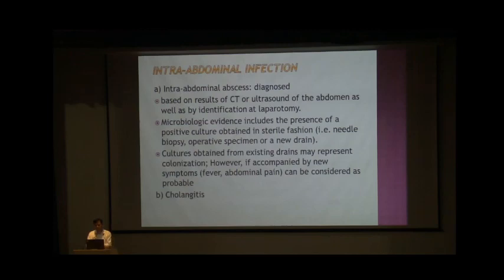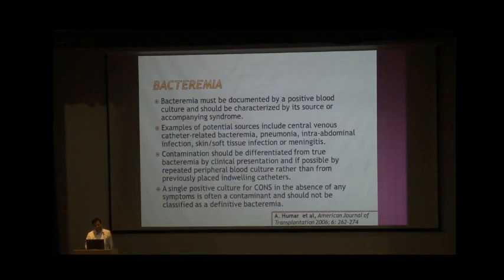Cholangitis, as you know, is defined by the presence of jaundice, abdominal pain, deranged LFTs, and a fever. Bacteremia must be documented by a positive blood culture and should be characterized by its source and accompanying syndrome. Examples of potential sources which can lead to bacteremia are central line catheter-related bacteremia, pneumonia, intra-abdominal infection, or surgical site infection.